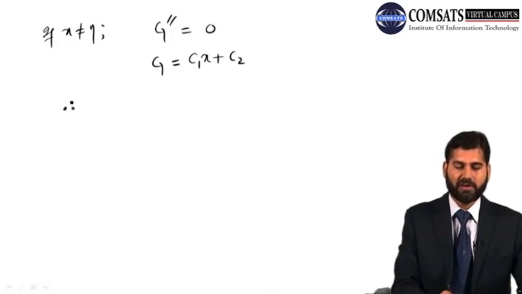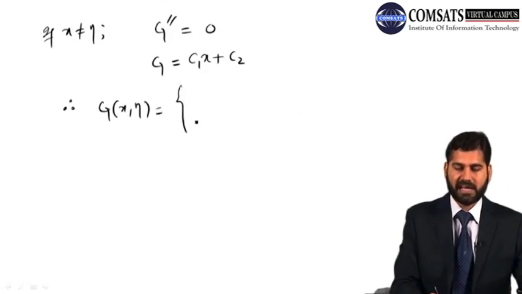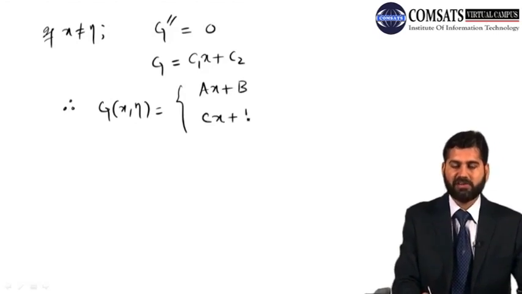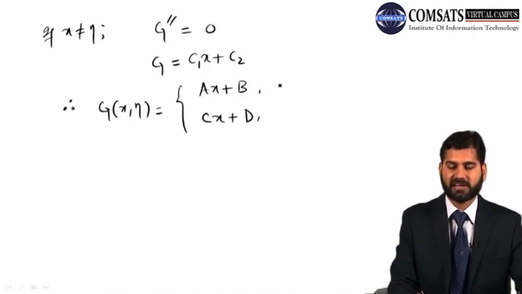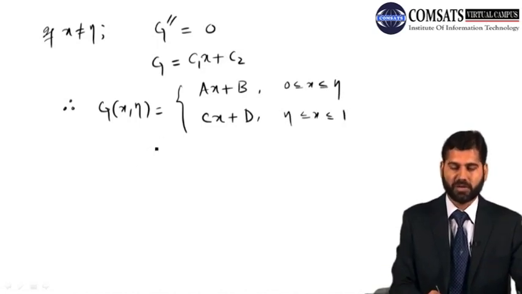Therefore our Green's function G(x, eta) has this form, Ax plus B and Cx plus D. We have to write it twice, because we have to write it on both sides, x less than eta and x greater than eta. For both the cases, the form of the Green's function is the same. So that's why we write the same form for x less than eta and for x greater than eta. Alright, limits are from 0 to 1.